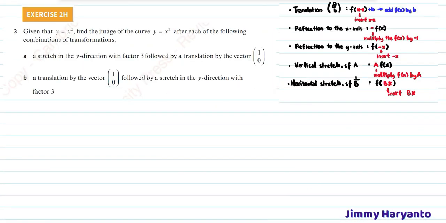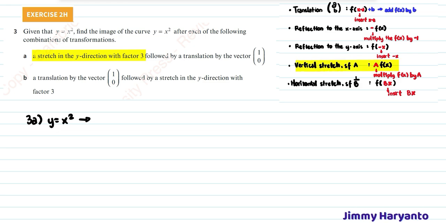Okay, next is question 3. For question 3a, we have y equals x squared, and then the question says it's stretched in the y direction, scale factor of 3. So it's this one. Okay, you only have to multiply it by 3. So you have y equals 3 times x squared, like this.